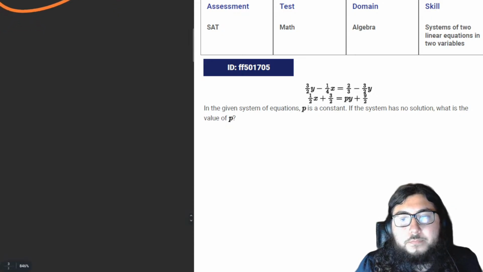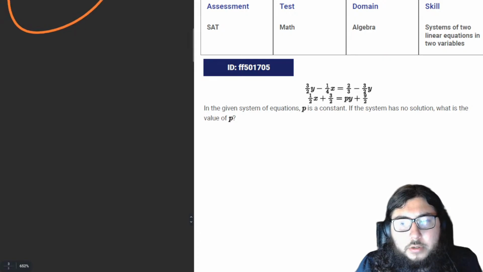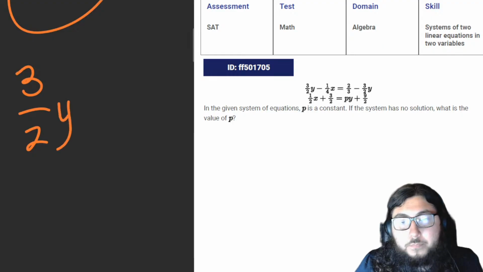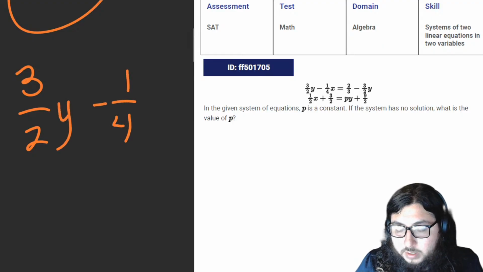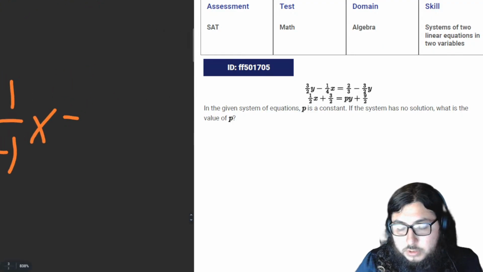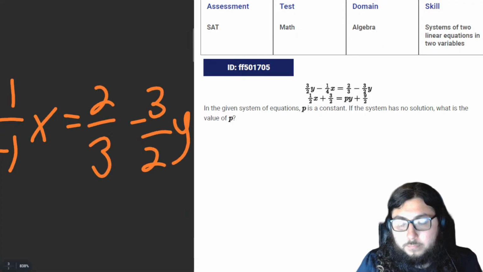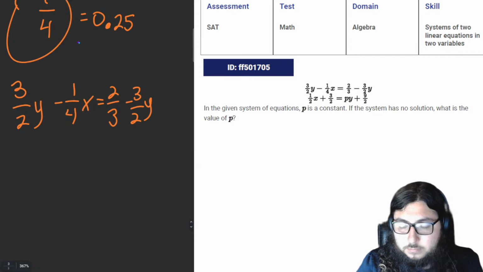So first, let's see what we could do. Combine like terms in the top one. So 3/2 y minus 1/4 x is equal to 2/3 minus 3/2 y. So we could combine like terms.